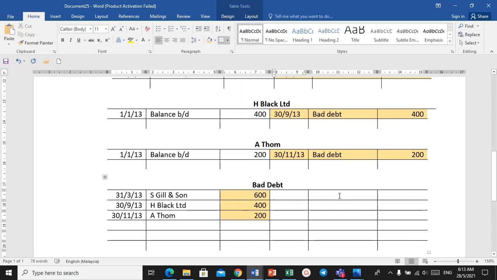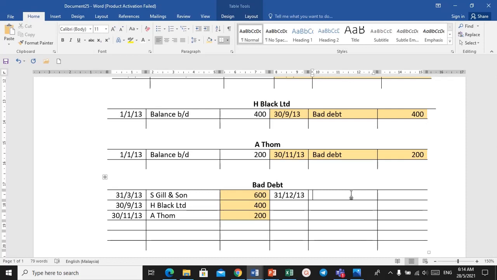So at the end of the year, we will close this with final accounts. Okay, so look at the date, 31st December 2013. So double entry with final account. We know that bad debt is considered as an expense.